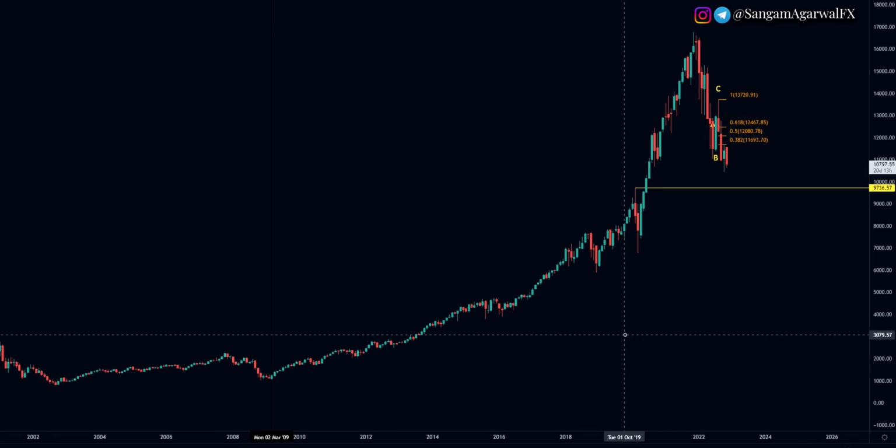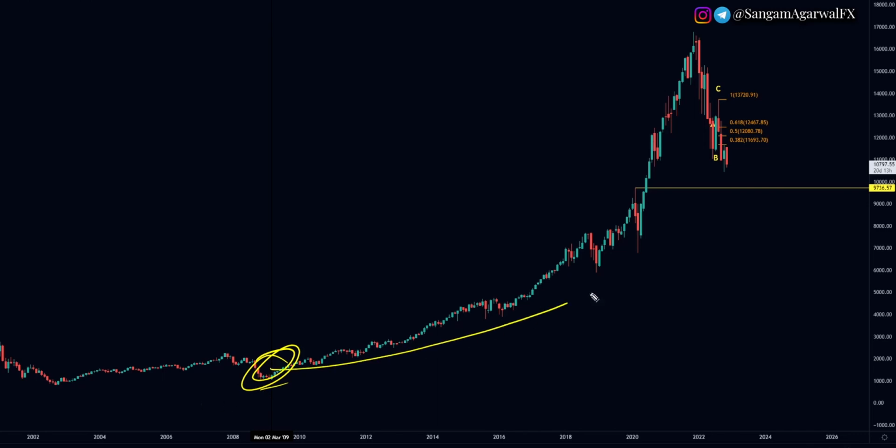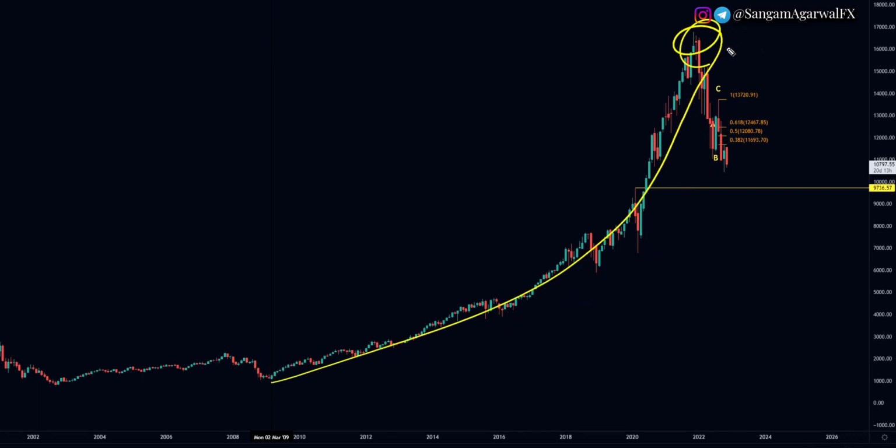If you see the monthly time frame of Nasdaq, then this was the bottom in the last recession. Since then it has been going up, and this was our top after the coronavirus bull market, but now they are coming down.